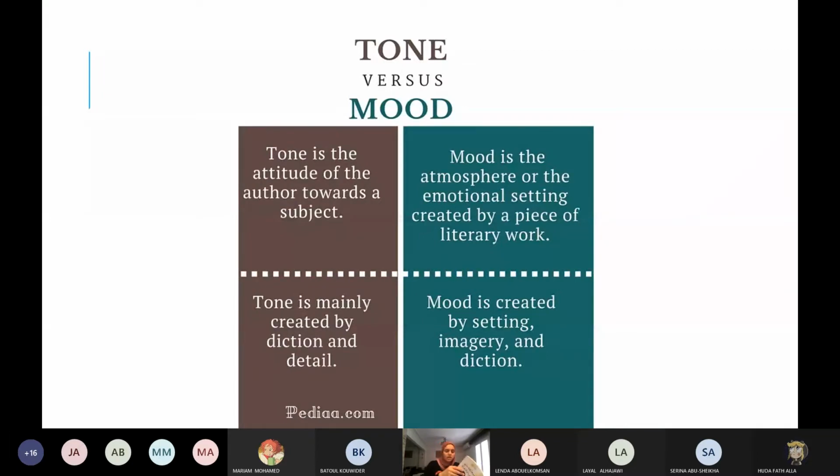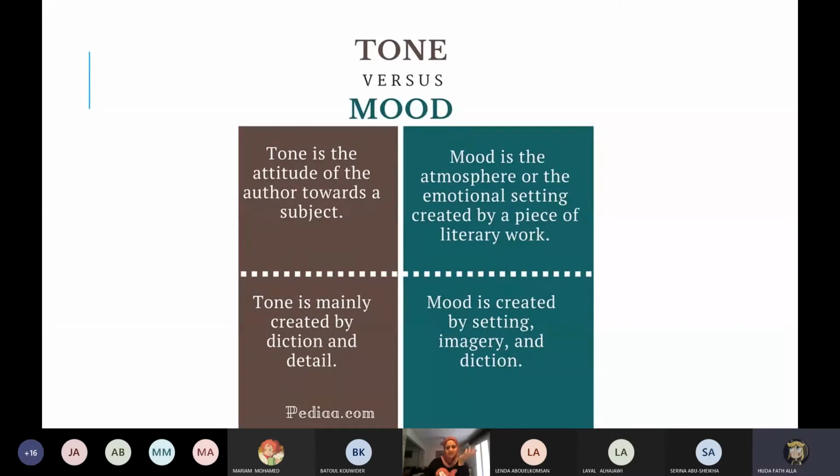If I write a book about a person who committed suicide, I am the author, and the tone will be sad, depressive, anticipated.